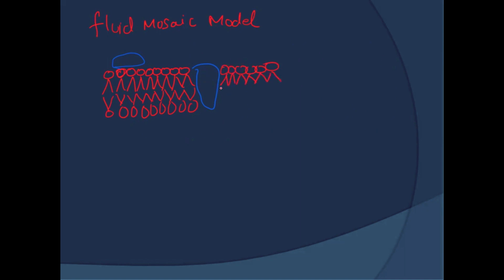So this is a phospholipid bilayer. Now I'll explain how this phospholipid bilayer looks. Here I've mentioned the basic structures. Let's understand each one by one and label it. This is called a peripheral protein.